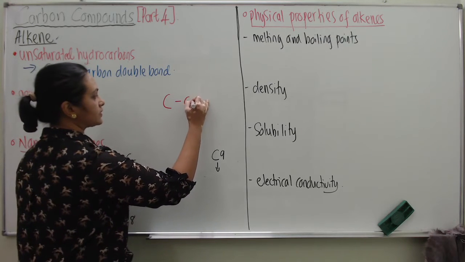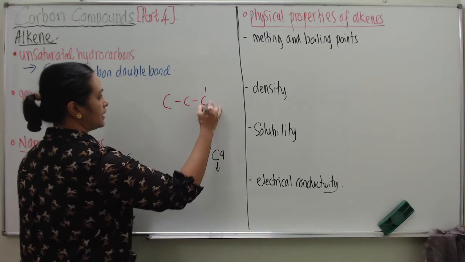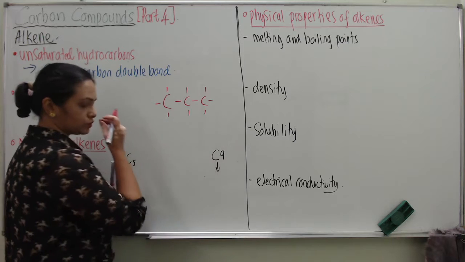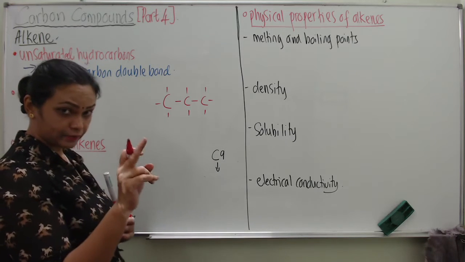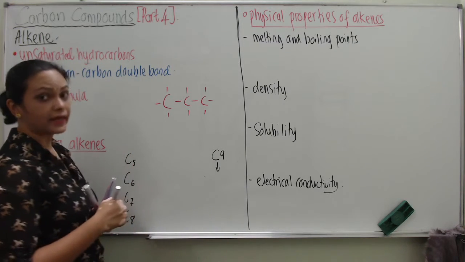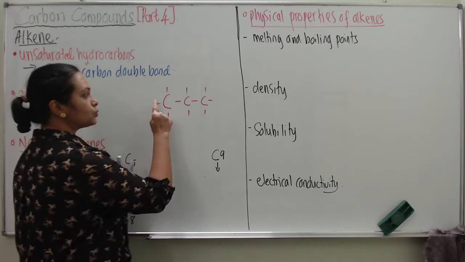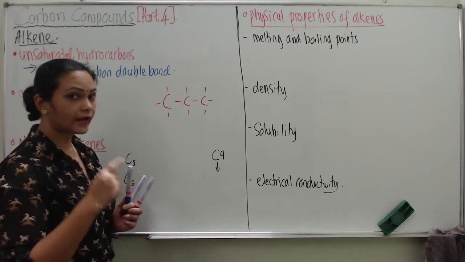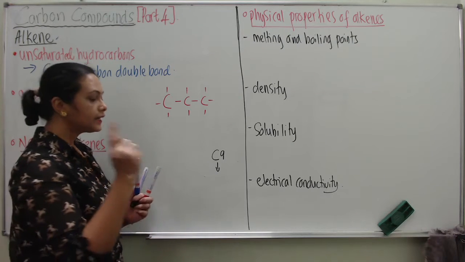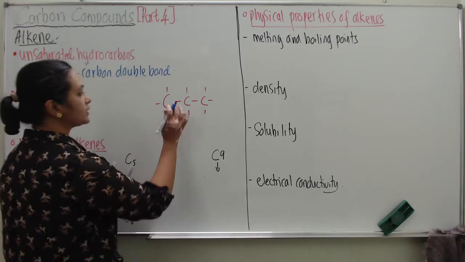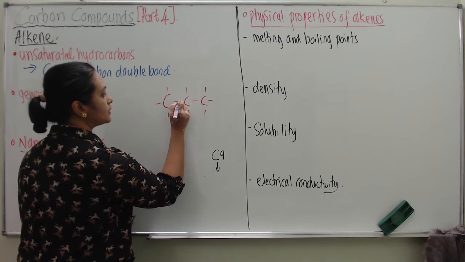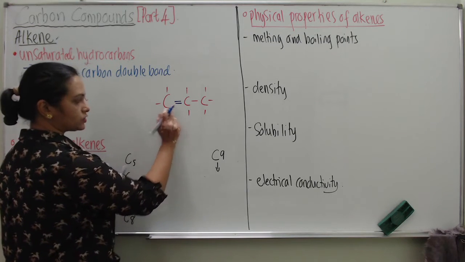So this is an example of alkane, namely propane. This is how we draw it before, which is alkane. But here you only see single bonds amongst carbon and hydrogen atoms. But when you are drawing alkene, you have one extra double bond.